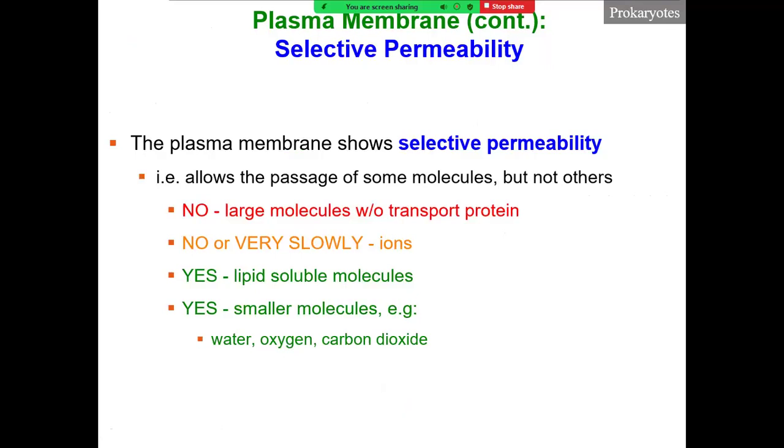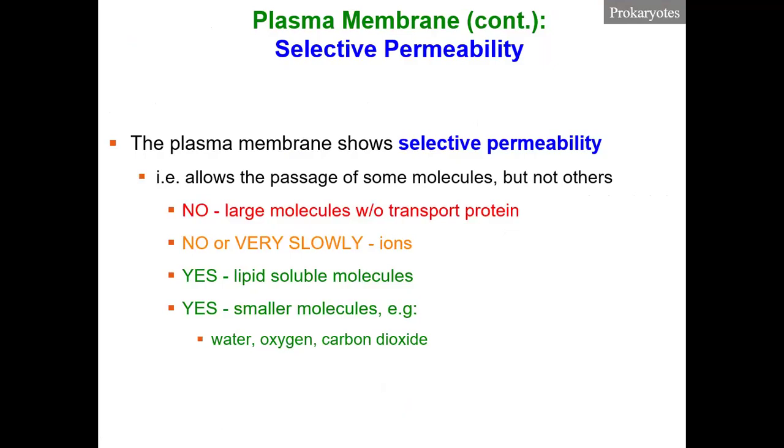So the cell membrane allows selective permeability, allowing some molecules to move into the cell, and other molecules cannot move into the cell. Now, if the cell wants the molecule and the molecule cannot move across the cell membrane, then the cell will make a transport protein.